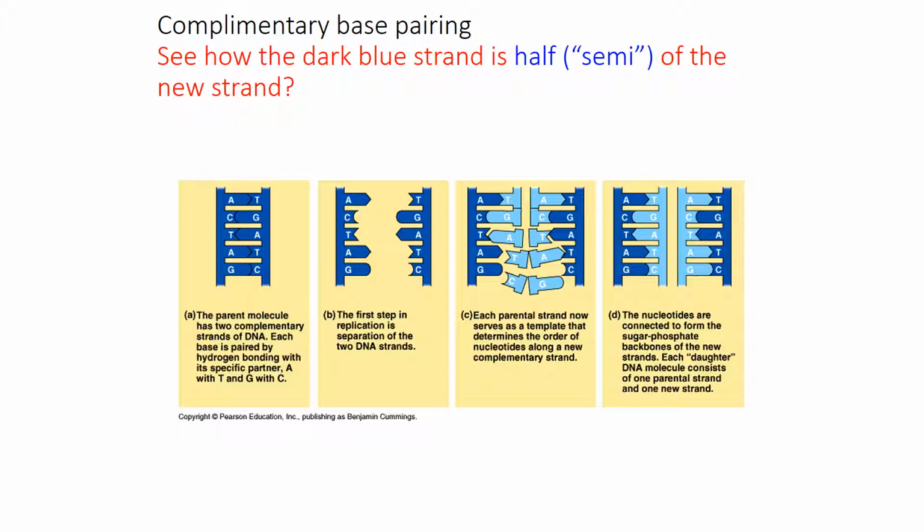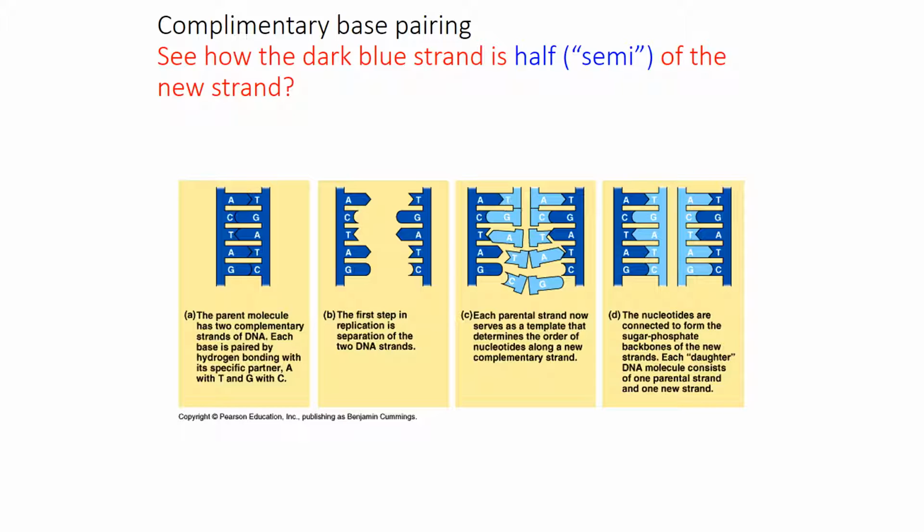Okay. So one of the important pieces of evidence that Francis Crick and Jim Watson had when building their models was the base pairing ratios of Erwin Chargaff. Remember, Chargaff did not say that A paired with T or C paired with G. He just suggested that the ratios were similar.